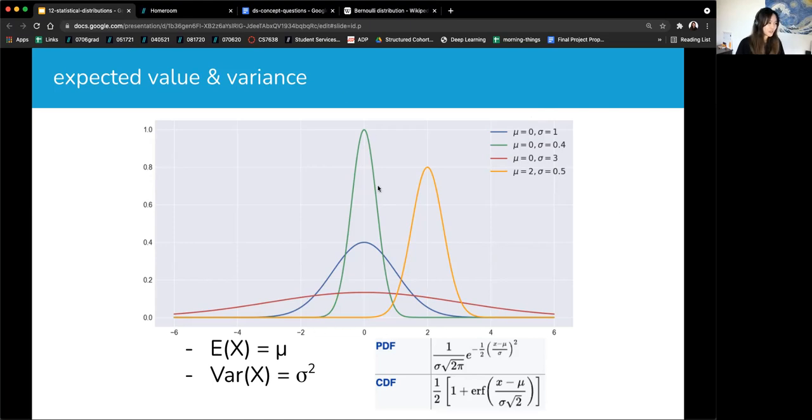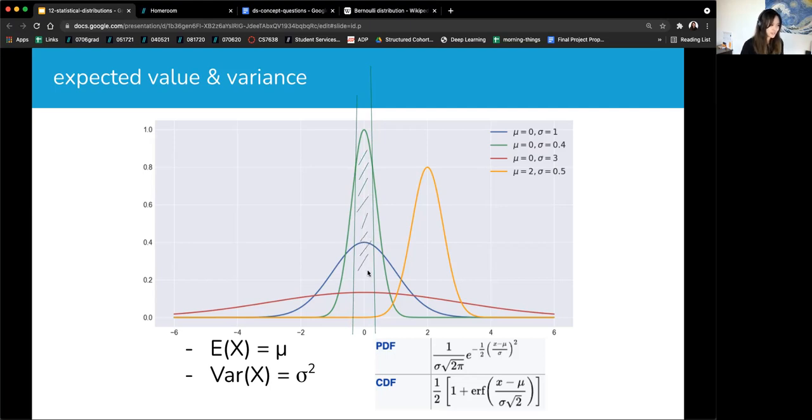That's why the green looks so tall. If I need 68% of my values to be between this range and this range, you have to have a pretty tall, skinny curve for this to be 68%.